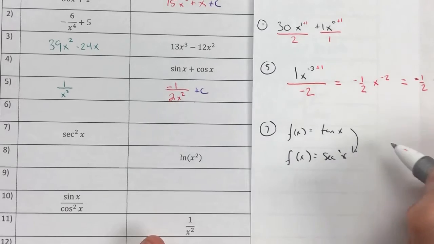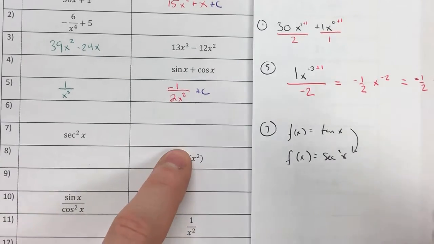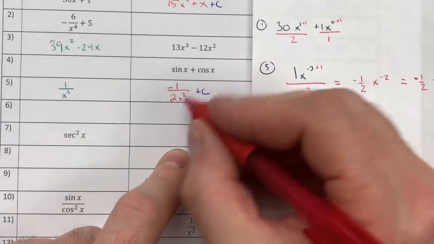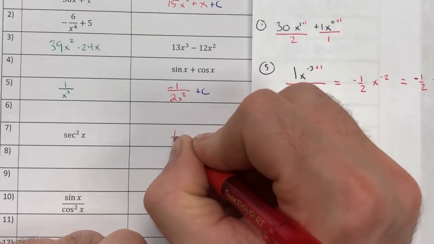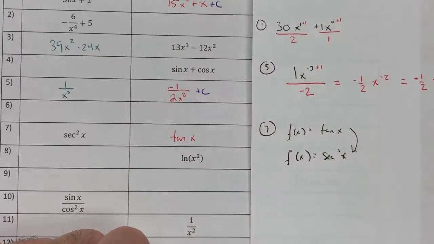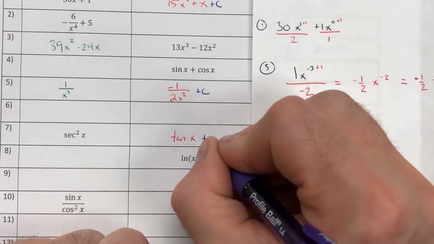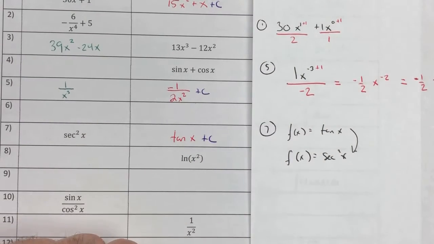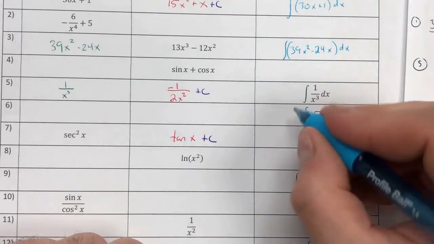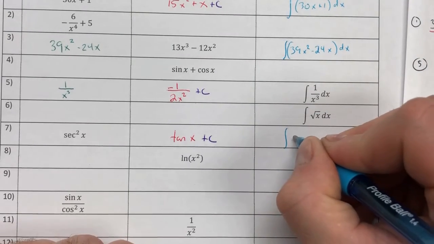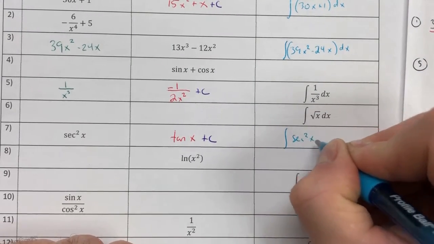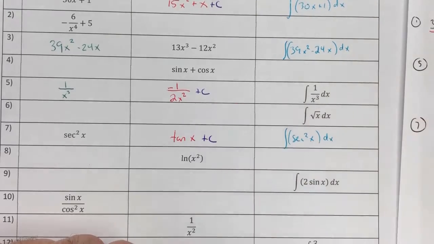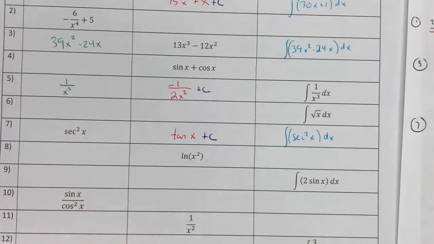So I know if I can go that way, I can go in reverse and say, hey, my antiderivative is going to be the tangent of x plus c. Awesome. And then easily enough, my integral notation is going to be the integral of the secant squared of x dx. Okay.